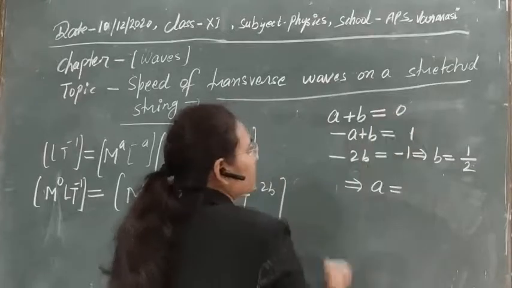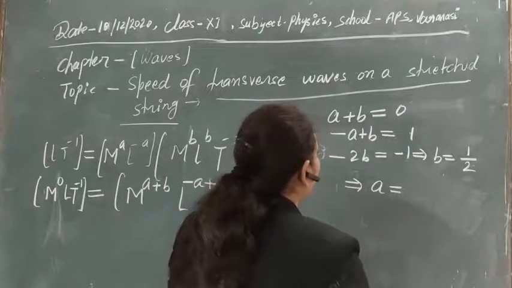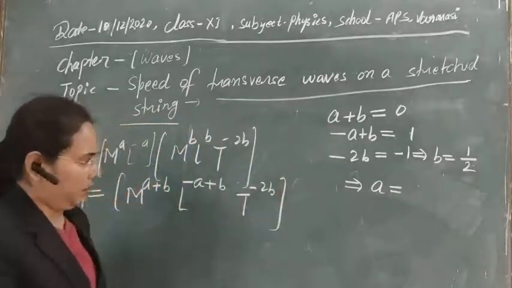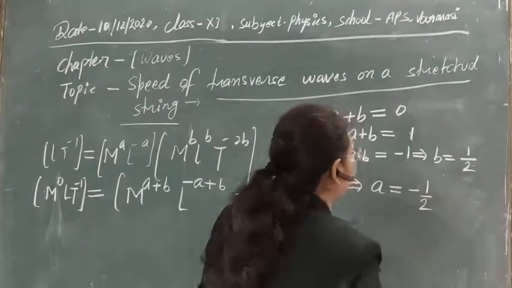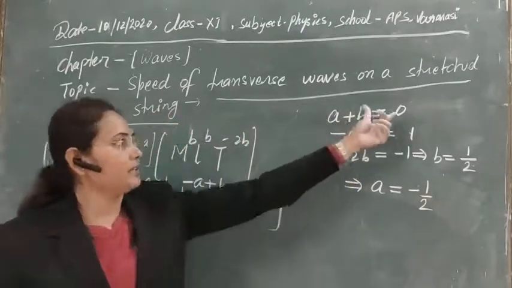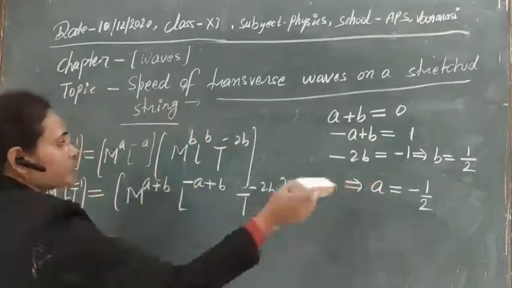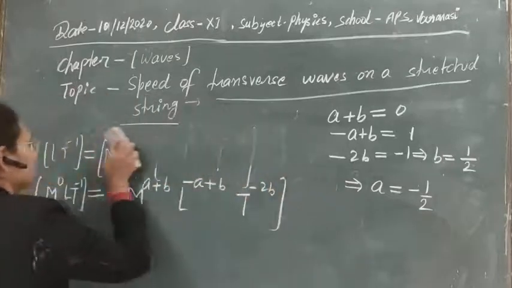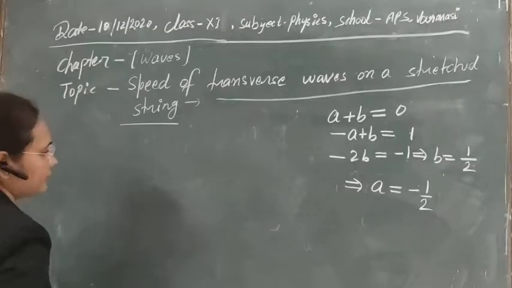In any of the equations you can put it. So the value that will be obtained here is minus 1 by 2. Clear? a is equal to minus b. Simple. Minus 1 by 2. So finally we have got the value of a and b. Now let's put it in the formula that we have written at the start.